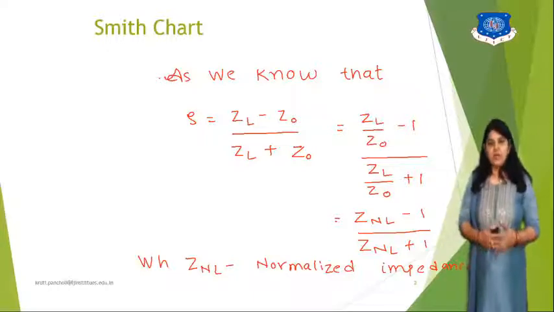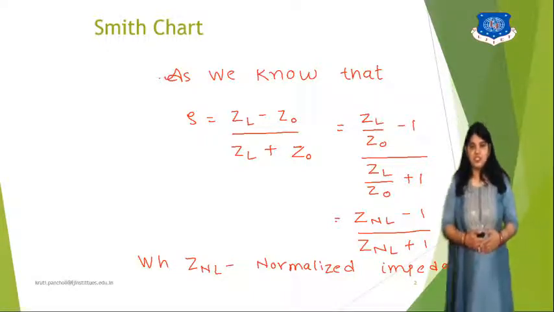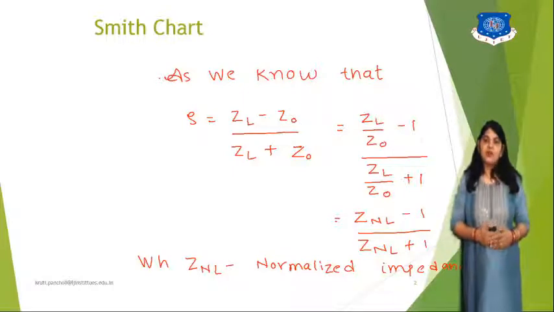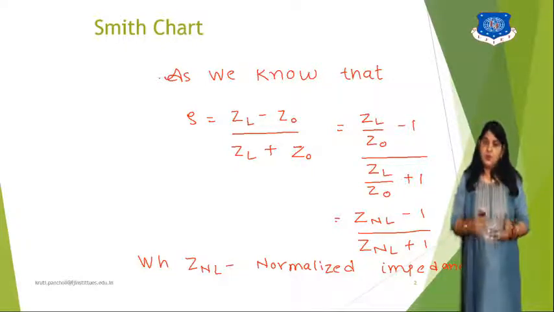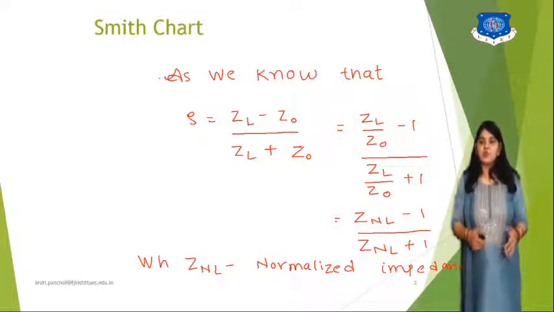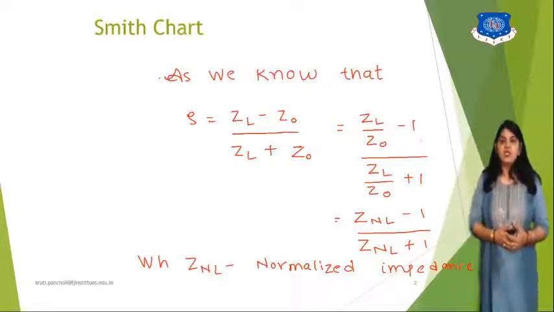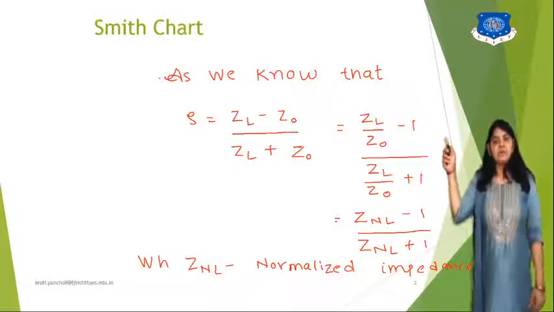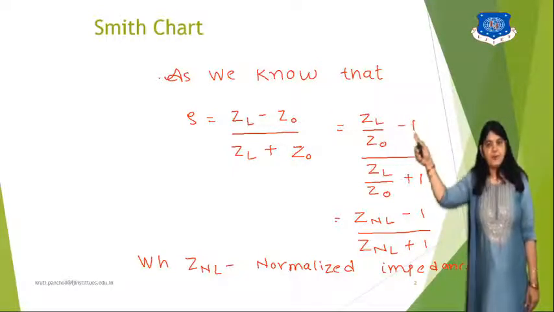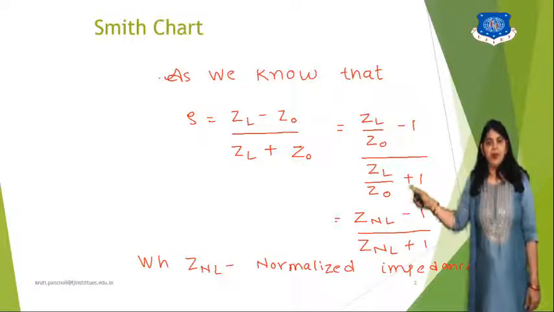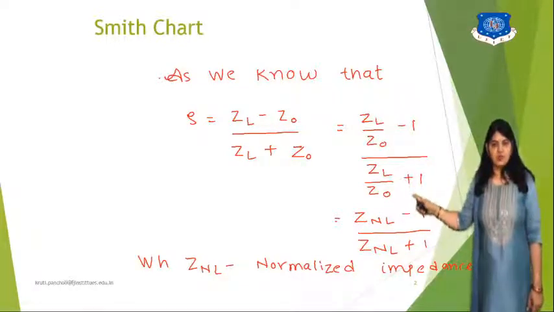As we know, the reflection coefficient rho is equal to ZL minus Z0 upon ZL plus Z0. Whatever the load impedance is, we need to normalize it by dividing by the characteristic impedance. Therefore, rho is equal to ZL upon Z0 minus 1 upon ZL upon Z0 plus 1.